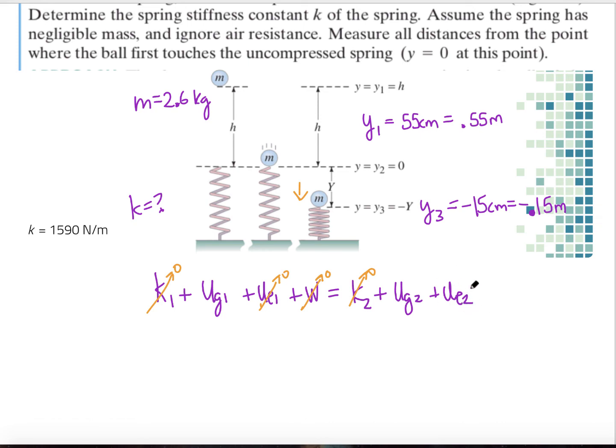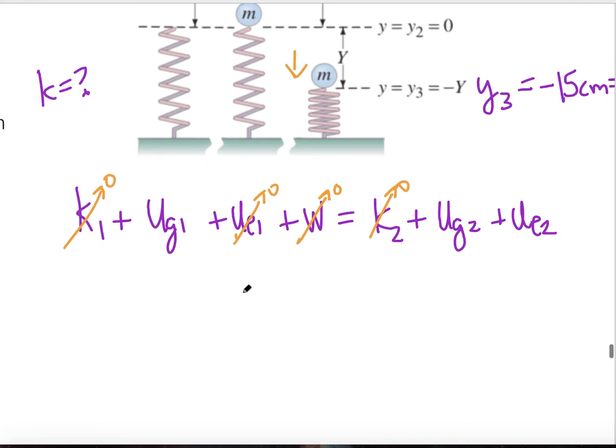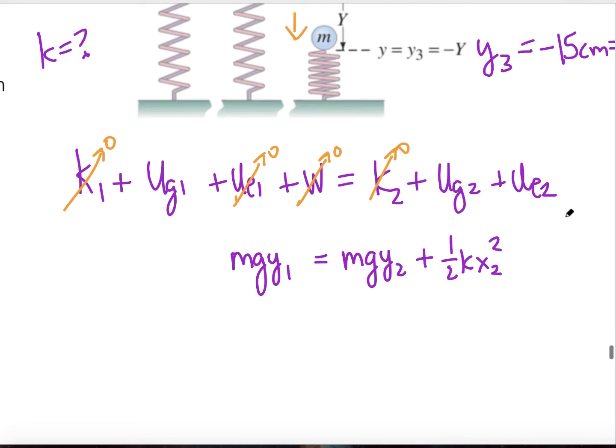And our spring is compressed, so we'll have some elastic potential energy. Let's zoom in and expand this. We have m times g times y1 for our initial gravitational potential energy, then m times g times y2 for our final gravitational potential energy, and then 1/2 k times x2 squared for our elastic potential energy.